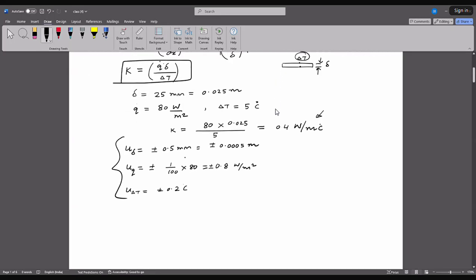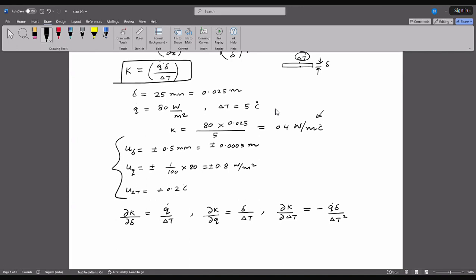So you can find dou K over dou delta, that is Q dot over delta T. Similarly, dou K over dou Q is delta over delta T. Similarly, dou K over dou delta T is going to be minus Q dot delta over delta T square, right?